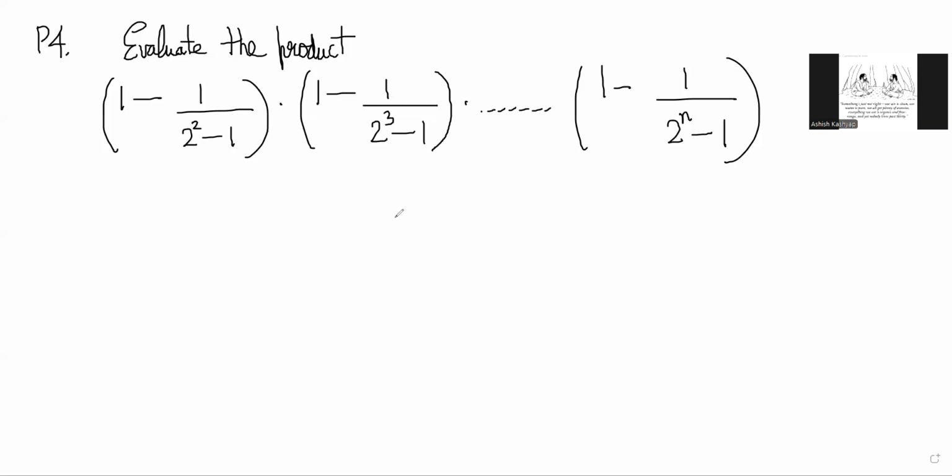There is a nice pattern that you will see. If you simplify it correctly, there will be a nice pattern here.